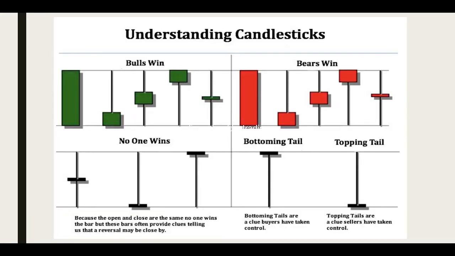And just understand that candlesticks form in different ways. Looking at how a candlestick forms gives us a lot more insight on what's going on with that stock or with that crypto. But we're going to be going into more detail as the course progresses. Just make sure you understand everything we talked about today.